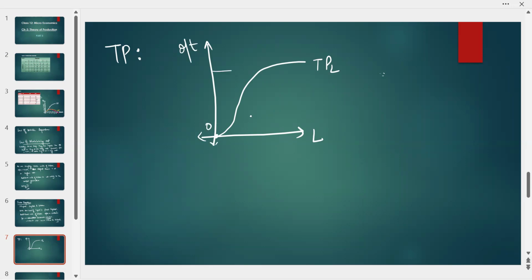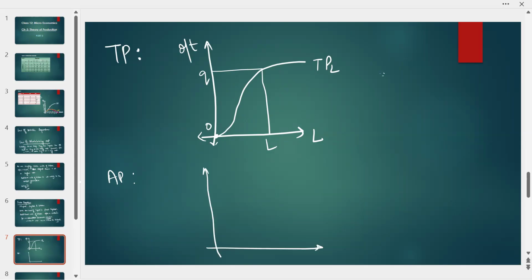Now let's say this is L and this is Q. Similarly, we can draw the AP and MP on the same graph.